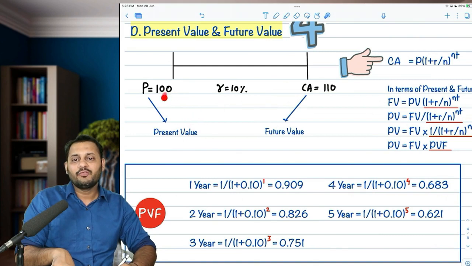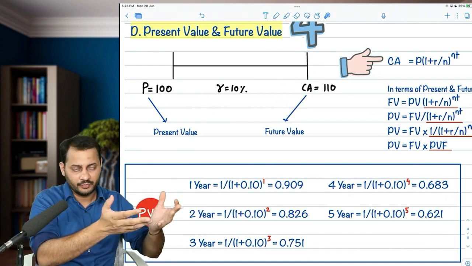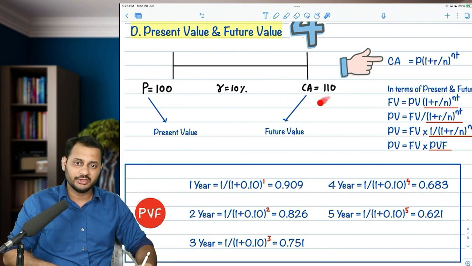Future value of 100 is 110 and the present value of 110 is 100 rupees. Simple. Present means today, future means tomorrow. So this is tomorrow's value, which we call future value, and this is today's value, which we call present value. So the concept is the same.